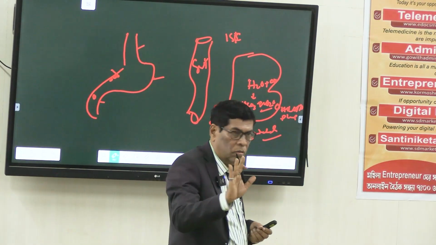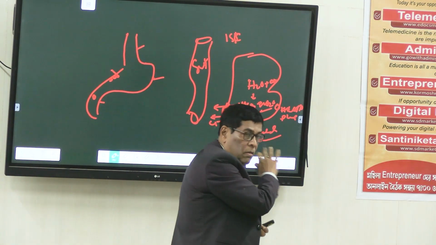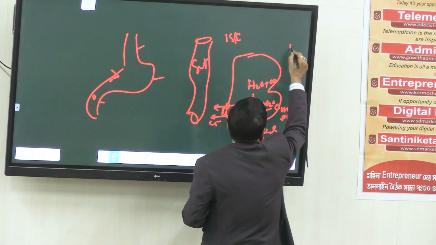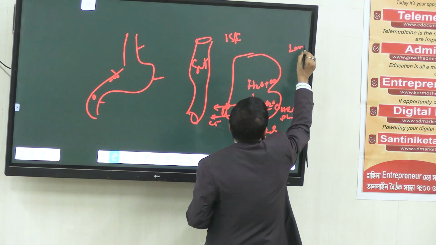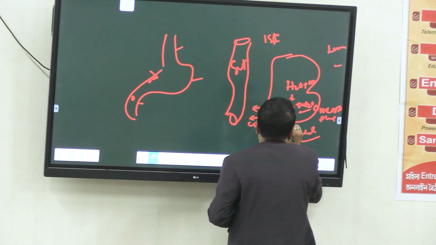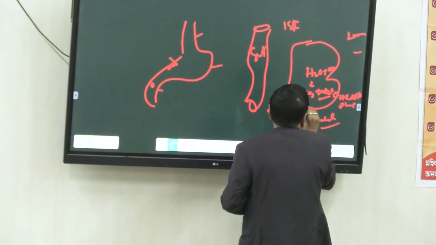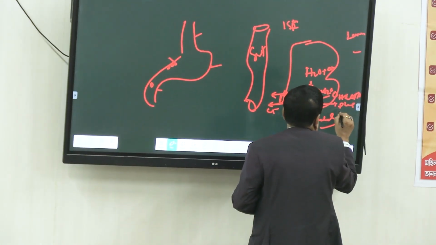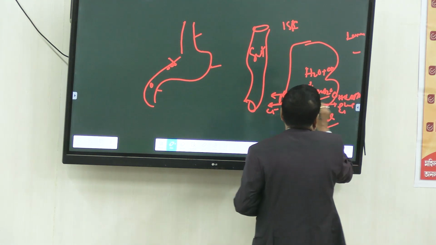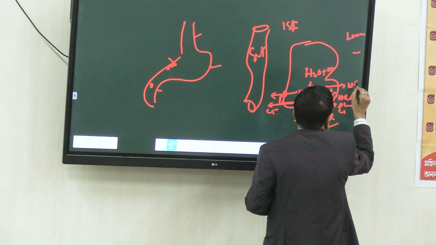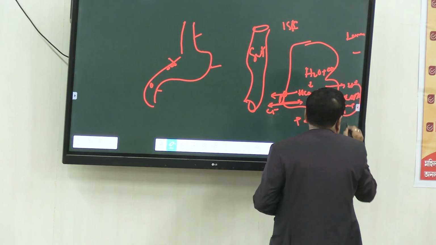Can you follow? Is it visible? Okay, fine. So this is the lumen of the stomach. Bicarbonate will go out, chloride will come in and go across into the lumen. The hydrogen ion will go up. So hydrogen ion and chloride will produce your hydrochloric acid.